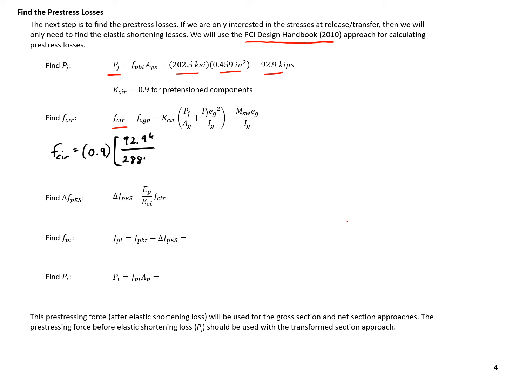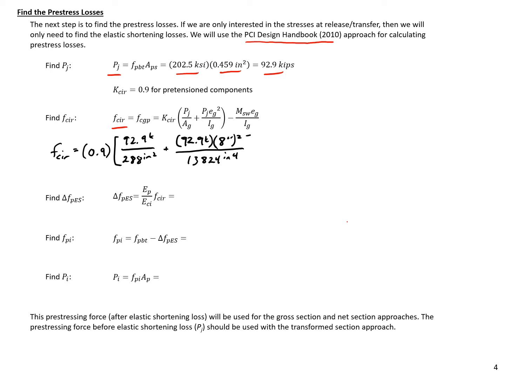We're going to use our gross section properties here, plus our 92.9 force in the pre-stressing times our eccentricity squared divided by our gross moment of inertia, 13,824 inches to the fourth.